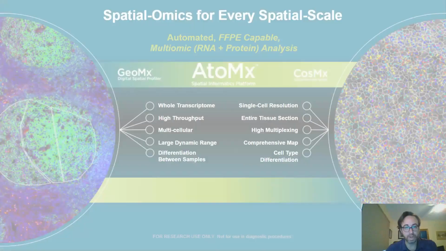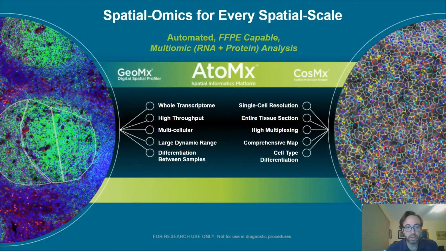And so I'm going to end here on this slide where we emphasize again, you can use GeoMx to really do high depth profiling of the functional consequences of different structures within your tissue, and the interactions that happen between different cell types at their functional state level. And CosMx can really help you understand which cell types are interacting with each other and how they interplay at a very deep level.